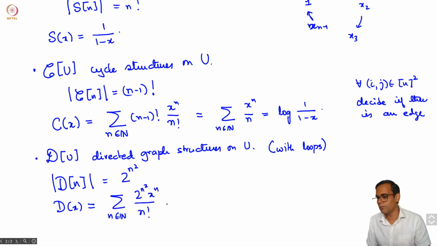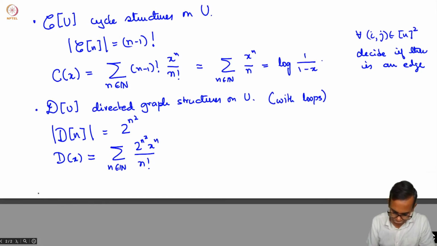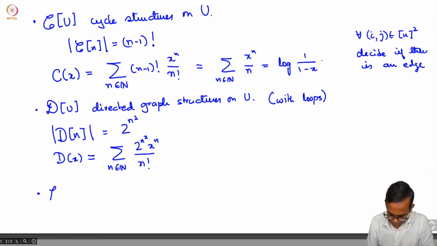I do not know of a nice way to write this. Similarly, G(x). So in this case, we have a nice formula for the cardinality of d_n, but the generating series is not some very nice function that we know of.